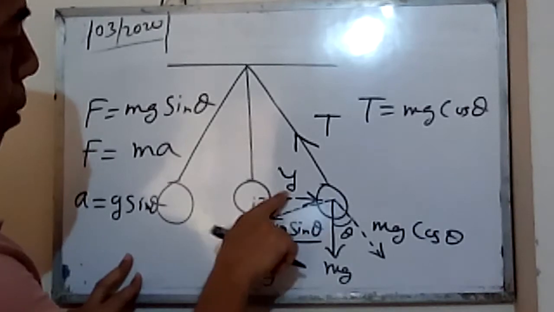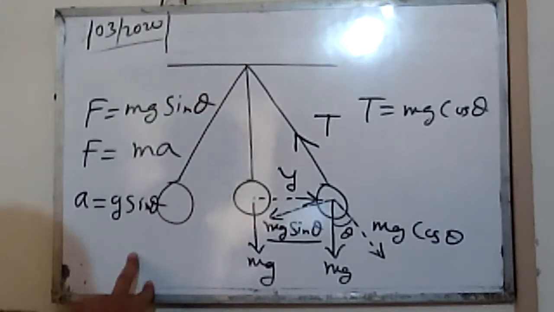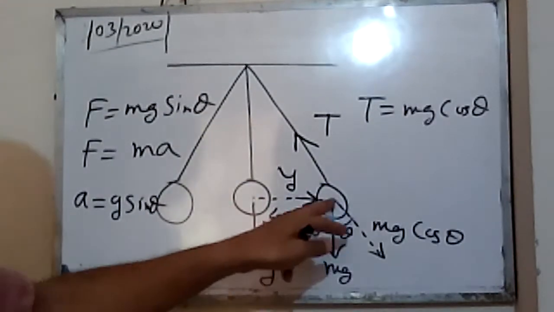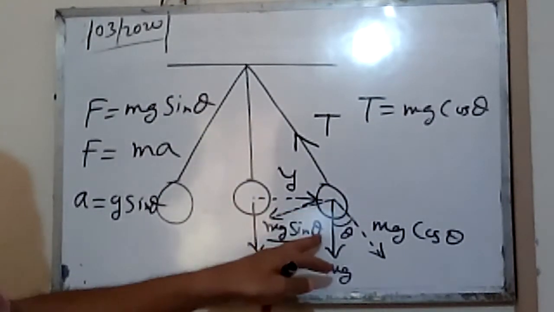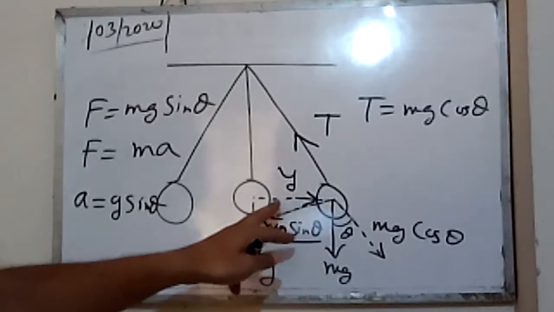When the displacement is increased, mg sin theta, that means theta also increased.